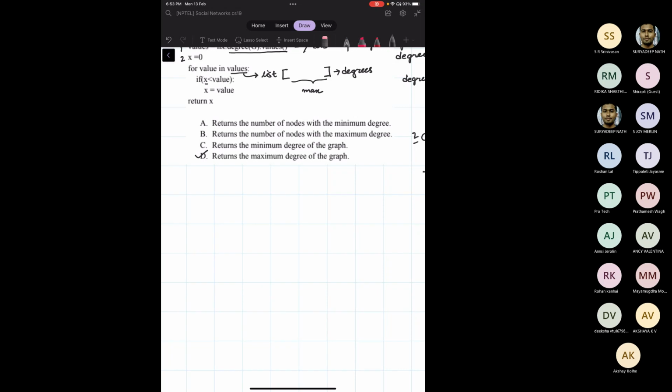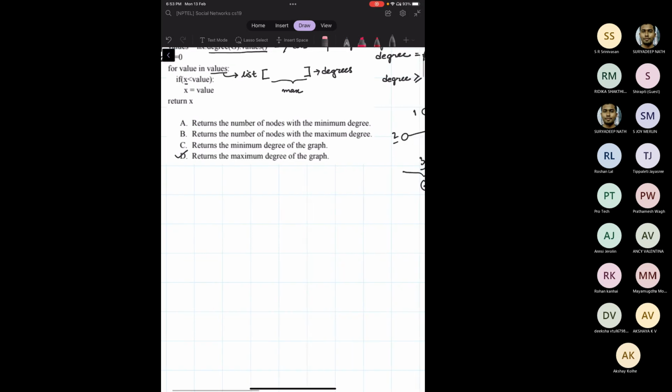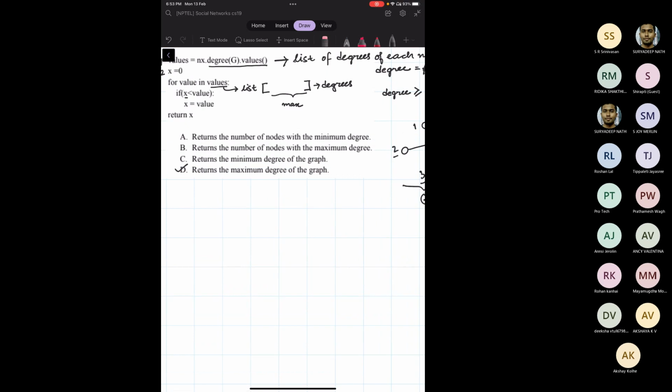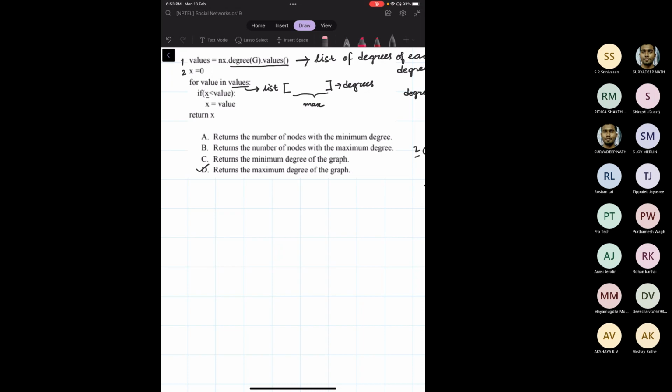So it's checking for a higher value in the list and updating. So basically it finds the maximum in the list and then returns it. So it returns the maximum degree of the graph because the list contains the degrees of the nodes in the graph, and this loop picks out the maximum. So the right answer is option D.